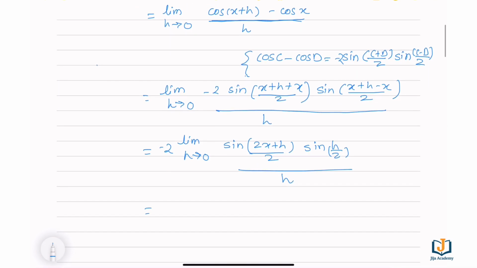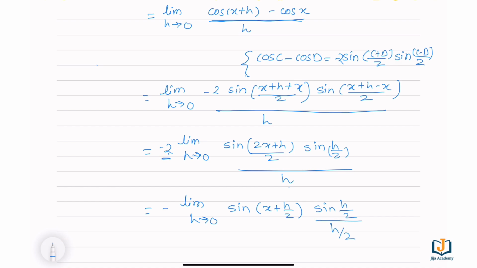So here minus limit h tends to 0, this 2 we can write here h by 2, so sin (x plus h by 2) into sin h by 2 divided by h by 2.